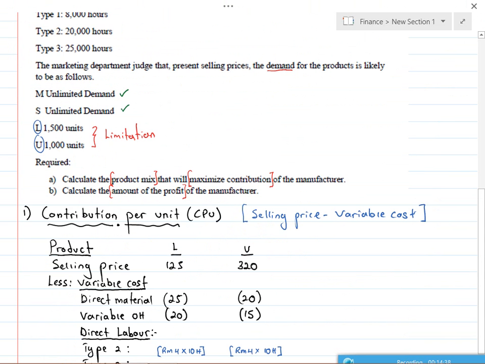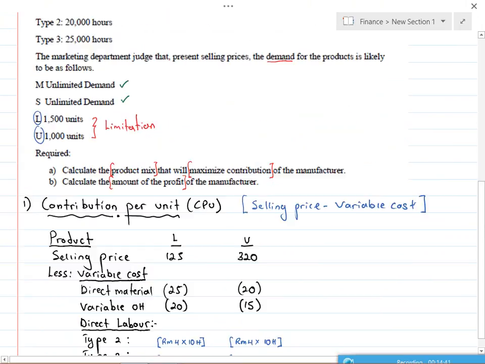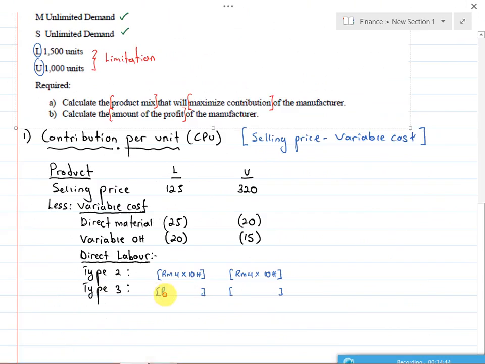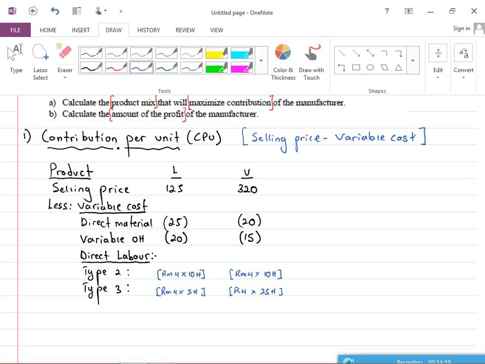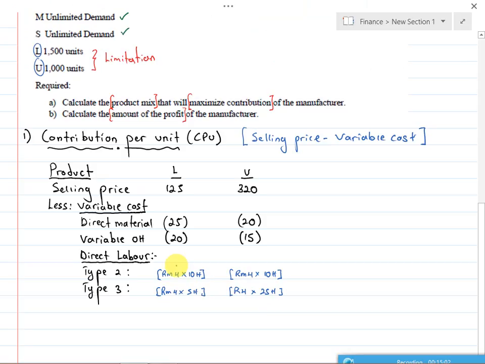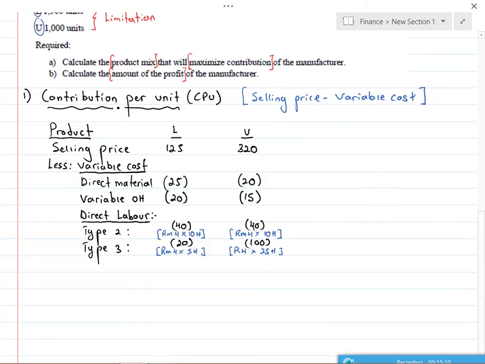And for type 3 it is going to be 5 and 25. RM4 times 5 hours, RM4 times 25 hours. So here it is going to be 40, 40 as well. Here it is going to be 20 and 100. Very good. So far so good. Anything else? No?